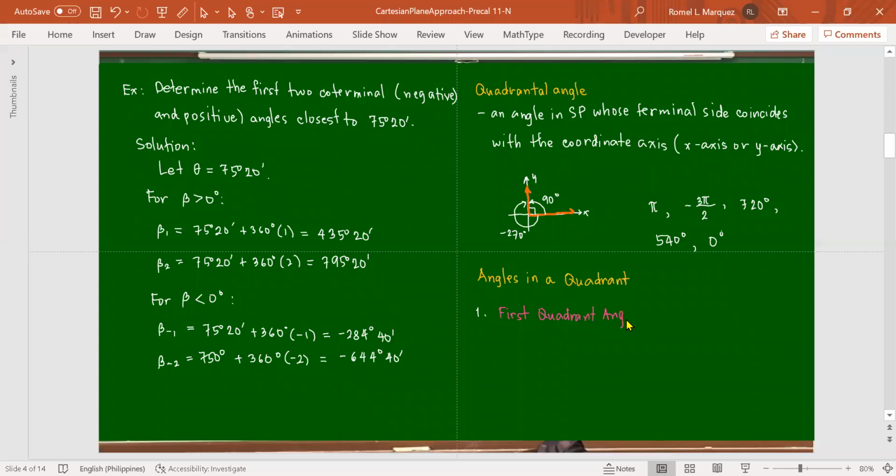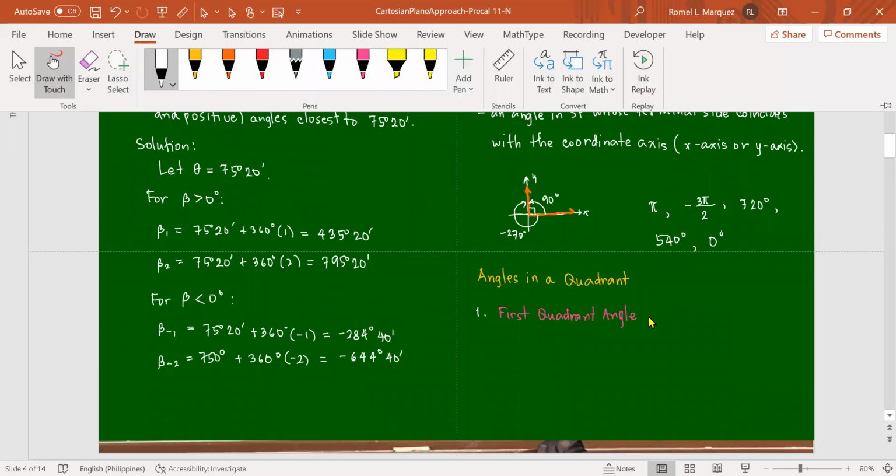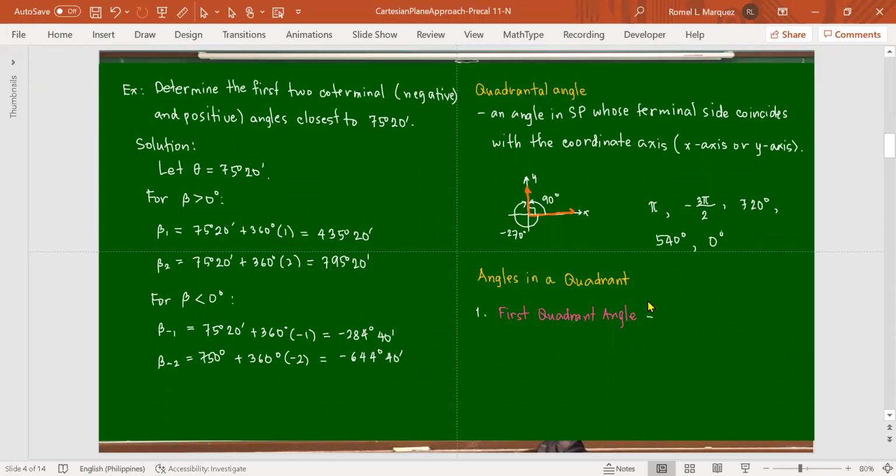Angle between 0 to 90. No, not just 0 to 90. Those are just some of them. So in general, it is an angle where both x and y are positive.